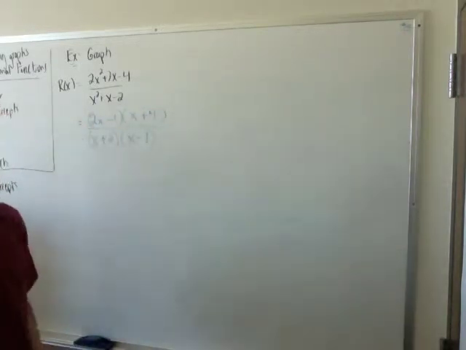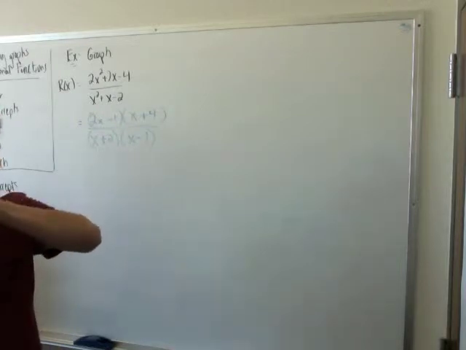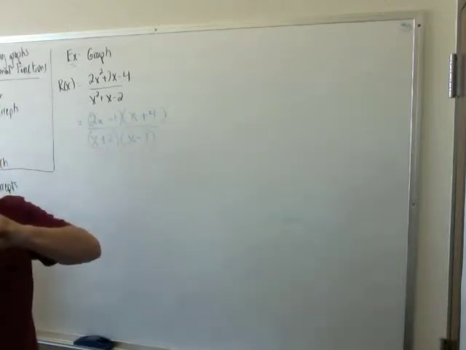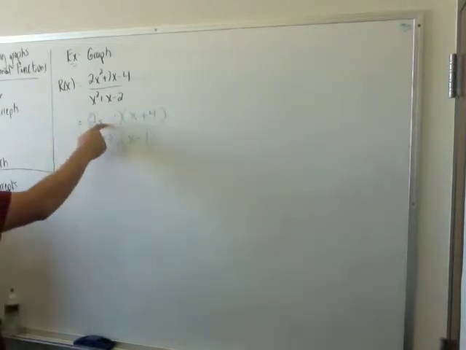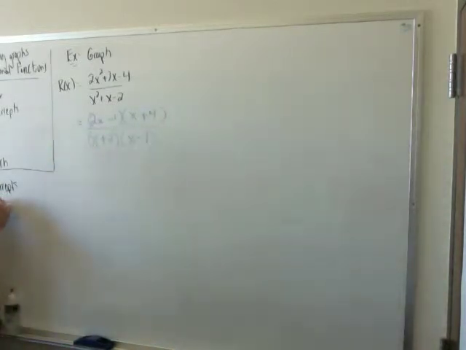So for example, a fraction a over b: when a is 0, 0 over 7 is 0. So to find the x-intercepts, I set my numerator equal to 0, 2x minus 1 times x plus 4 equal to 0. That happens when x equals 1/2 or x equals negative 4. So my x-intercepts are (1/2, 0) and (negative 4, 0).